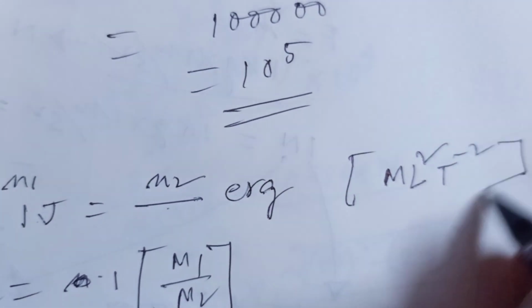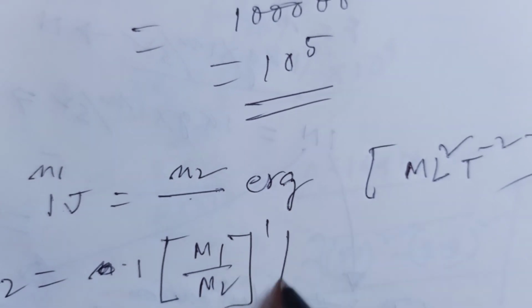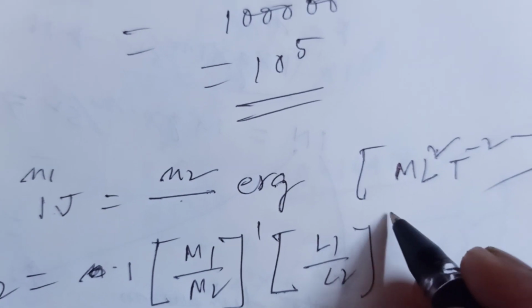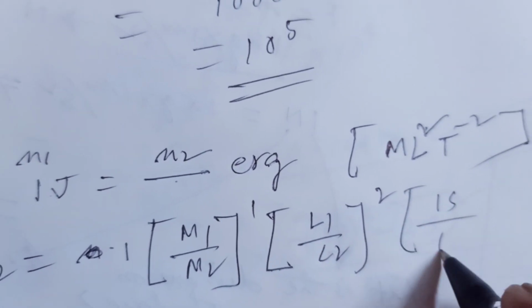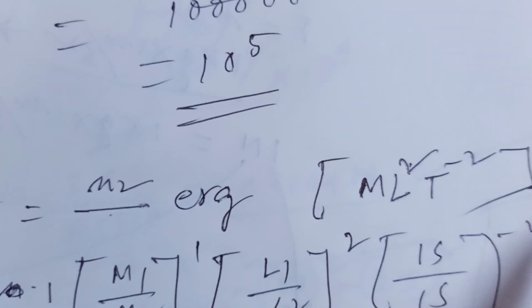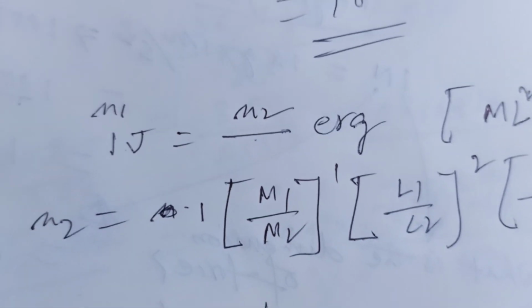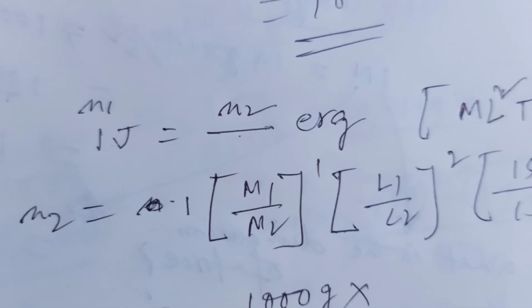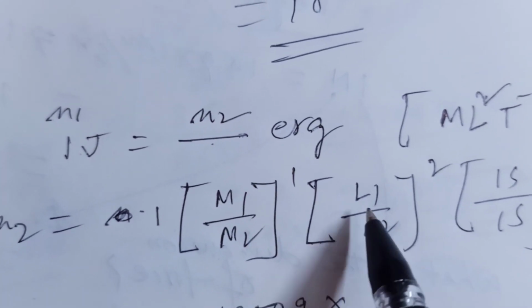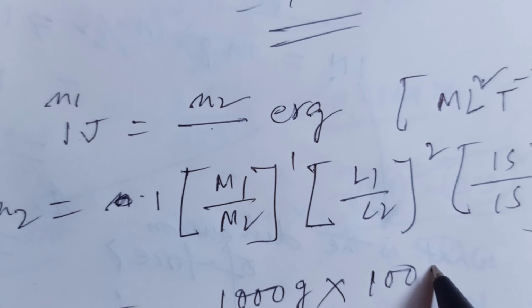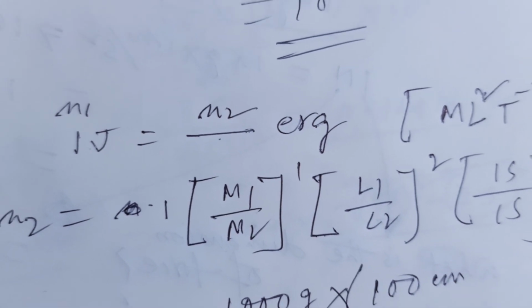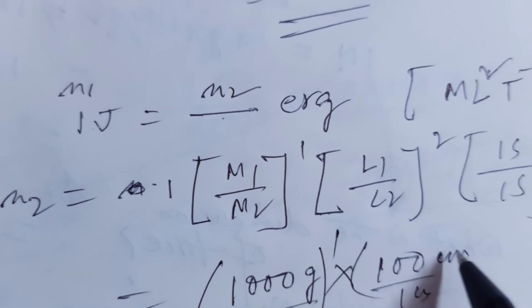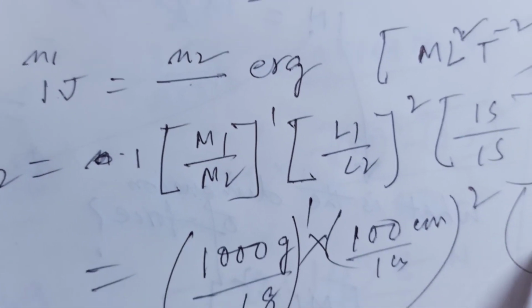It is the dimension of work done. So this is 1, and again L1 by L2, to the power of 2, and then 1 second by 1 second, and whole to the power of minus 2. So this is mass: 1 kg means 1000 gram, to the power of 1, and L: 100 centimeter by 1 centimeter, to the power of 2, and 1 second by 1 second.